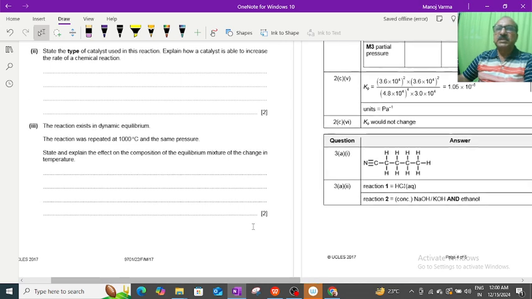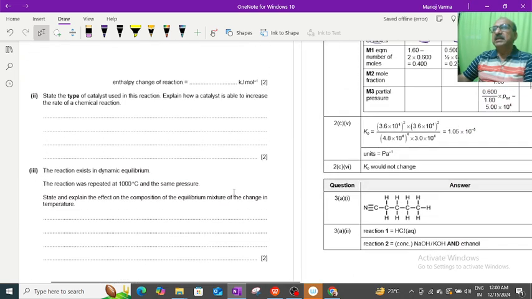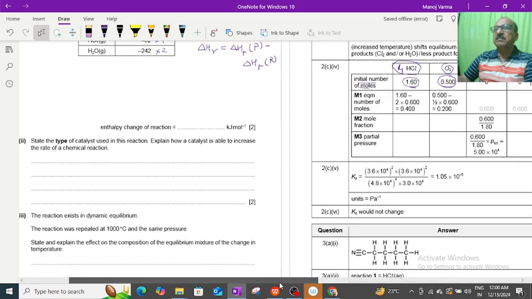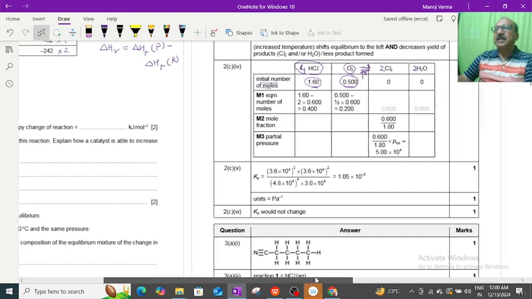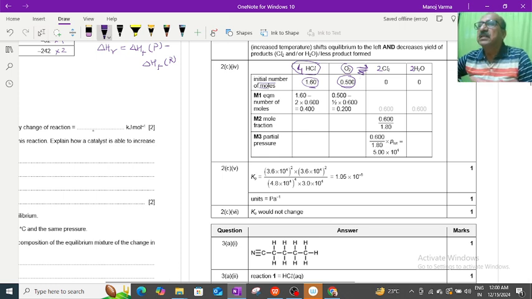What it says is that 0.6 mole of chlorine and 0.6 mole of water are formed. That means here you will write the number of moles at equilibrium, when the equilibrium has been attained. It is 0.600 because they have used 3 significant figures.